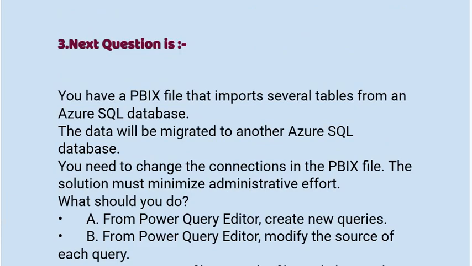Question is, you have a PBIX file that imports several tables from an Azure SQL database. The data will be migrated to another Azure SQL database. You need to change the connections in the PBIX file. The solution must minimize administrative effort. What should you do?